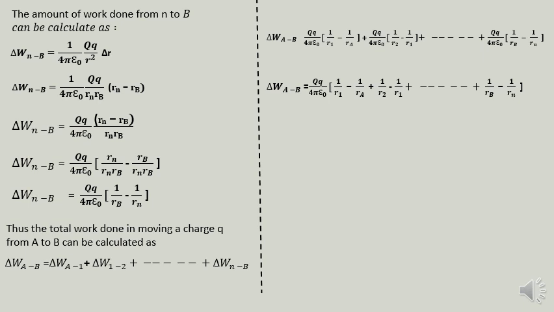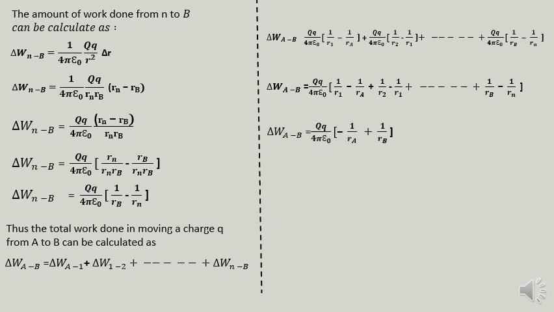Here we take common Qq over 4 pi epsilon naught, which is the same in all terms, and the remaining terms we write in a bracket.